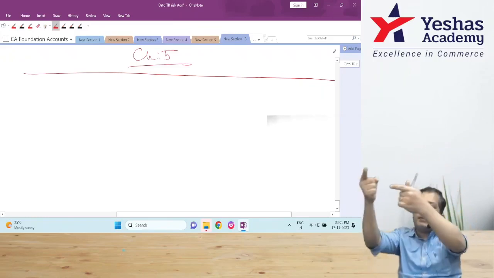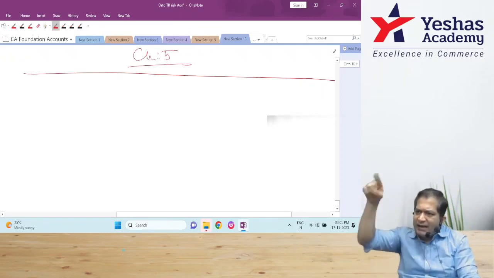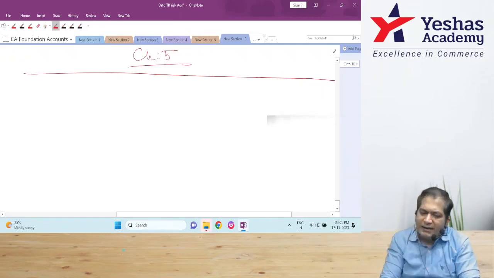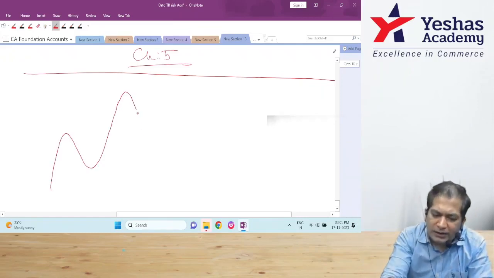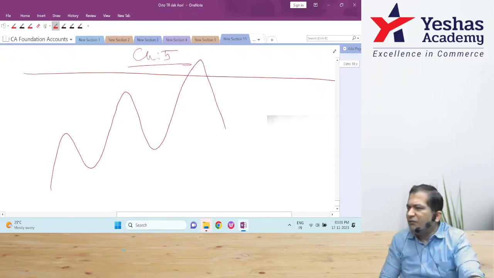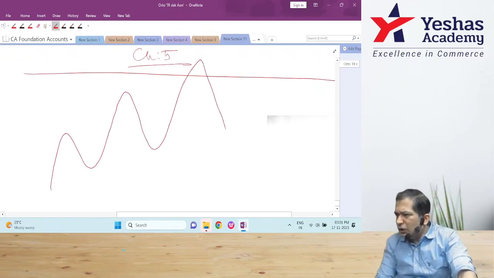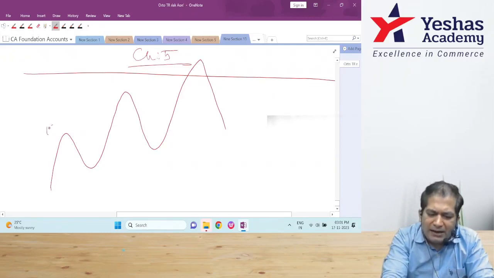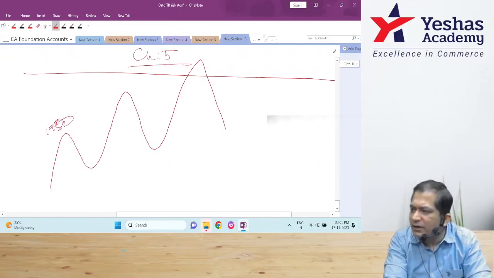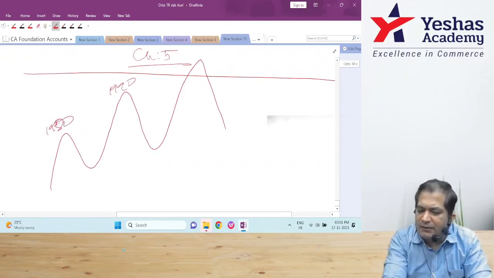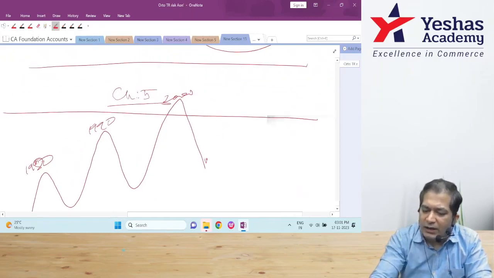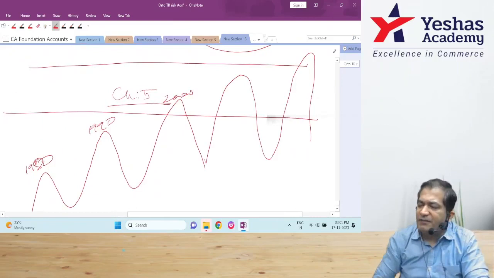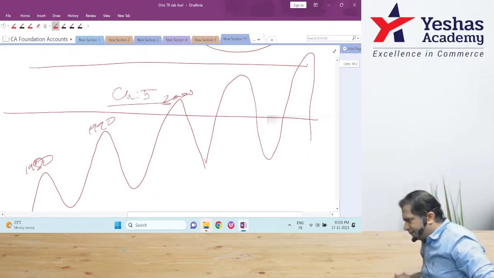It doesn't mean it's a permanent peak. Every time a new peak will be created in a growing economy. India is a growing economy, and if you try to figure out the peaks, you will find that maybe in the 1980s we were here, in 1990 here, in 2000 here, and this way every 10-15 years a new peak is created.